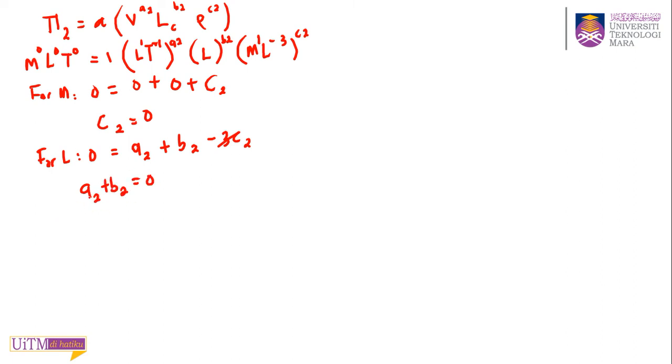We have two unknowns, we cannot solve this one yet, so we find for T.